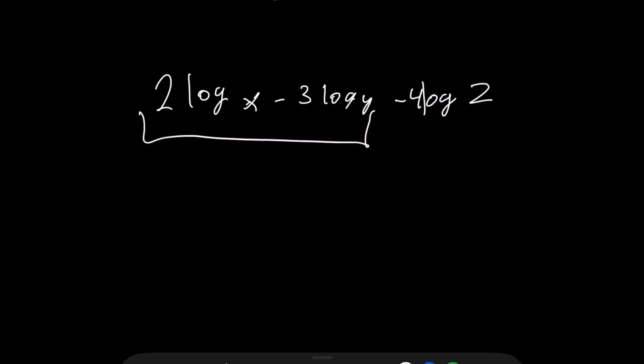Alright, now let's condense one. That's supposed to be log, sorry, and that's supposed to be a thing. Alright, let's condense. Let's just do it one step at a time. Let's do these two first.